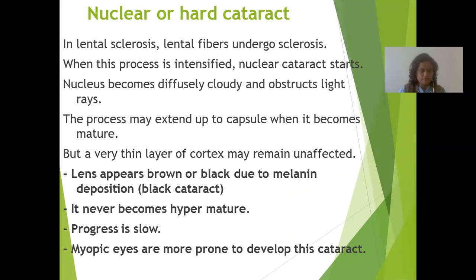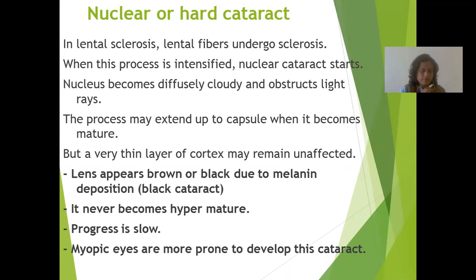So next is a nuclear or hard cataract. Nuclear cataract tends to occur earlier than the cortical variety, often soon after the age of 40.